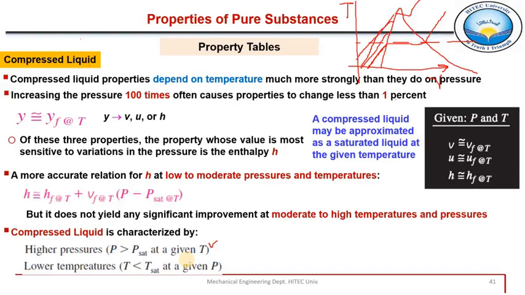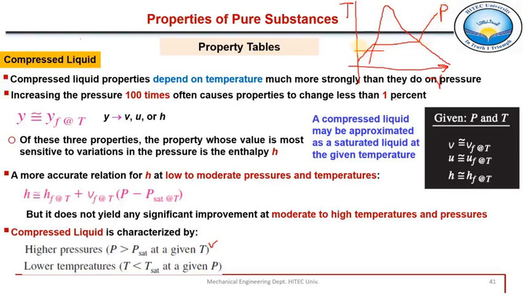Second is at a given P. Let me show it again. So now what is it saying? At a given P, for example this is some constant pressure line, T is less than Tsat.